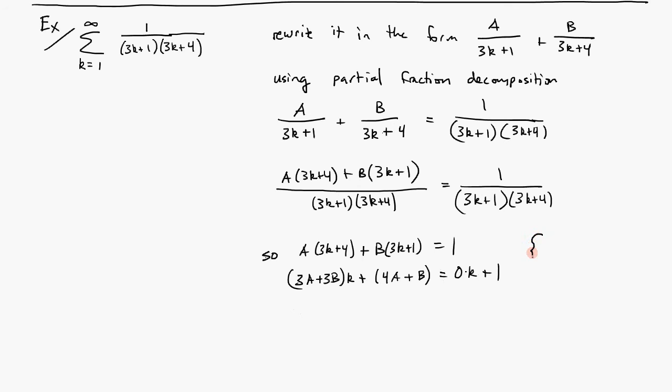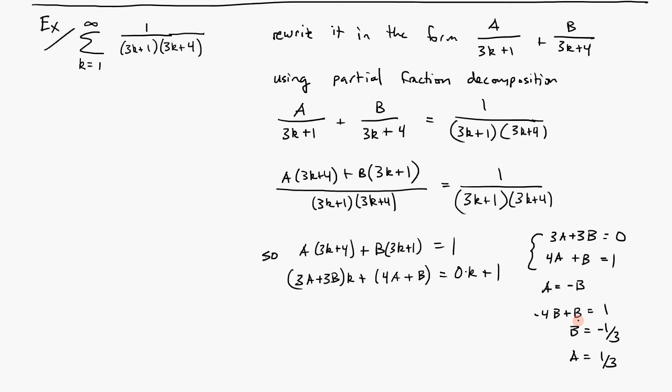So you get the system of equations: 3a plus 3b is equal to 0, and 4a plus b is equal to 1. Now we solve for a and b. The first equation tells you that a is equal to minus b, and the second equation will now say that minus 4b plus b is equal to 1. So b is equal to minus 1/3, and that means that a is equal to 1/3.